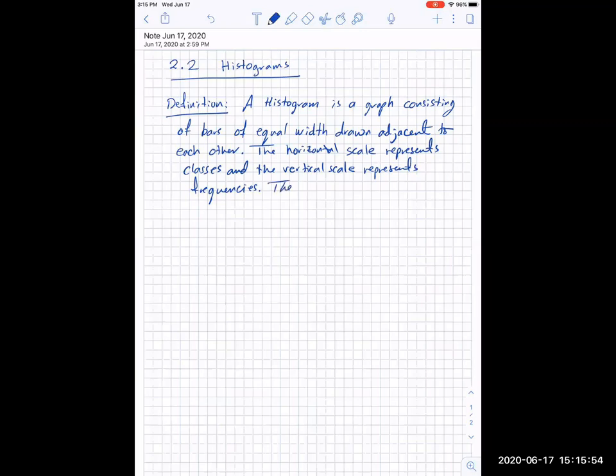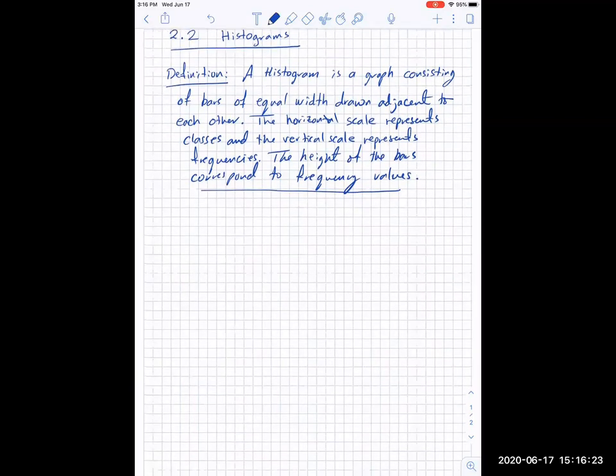The heights of the bars correspond to frequency values. So that's the statistical definition of a histogram.